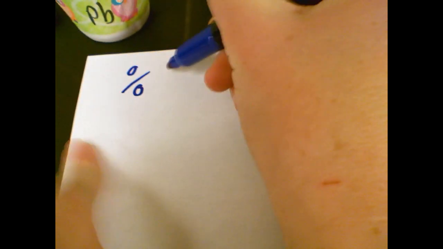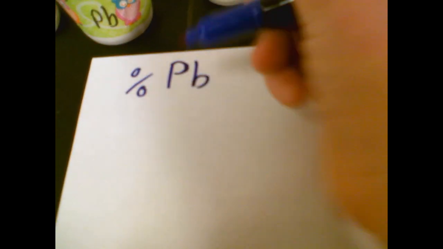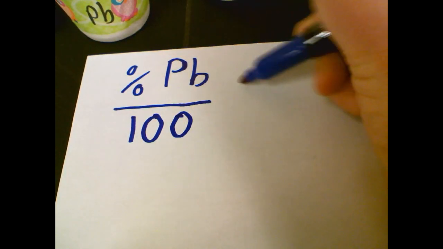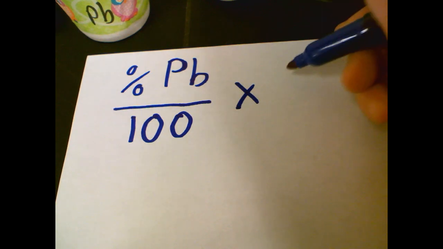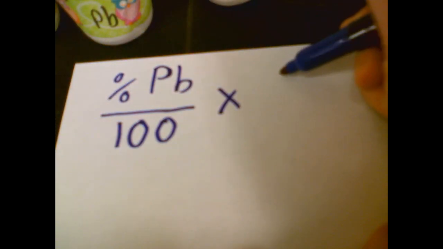So this comes down to a pretty basic formula that we can use. So we have the percentage of, let's say we're trying to figure out the lead, divided by 100, times, in our case, we're trying to find out 50 grams.